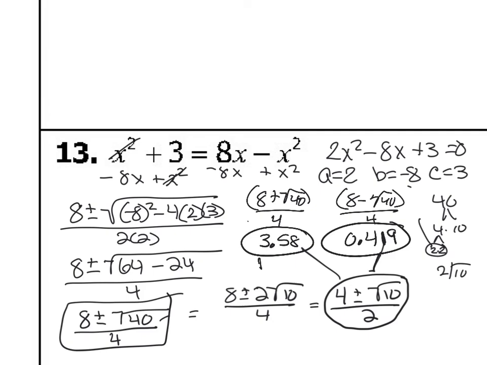Okay, so they would be the same thing. If you put 8 plus square root of 40 and 4 plus square root of 10 divided by the 2 and divided by the 4, you'll get the same thing, okay?